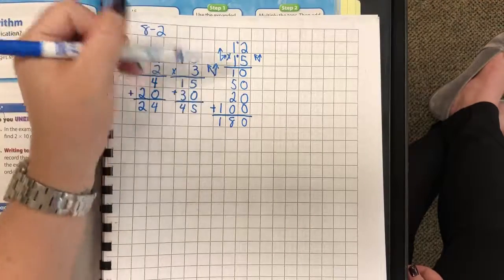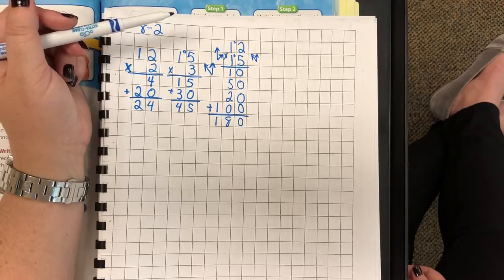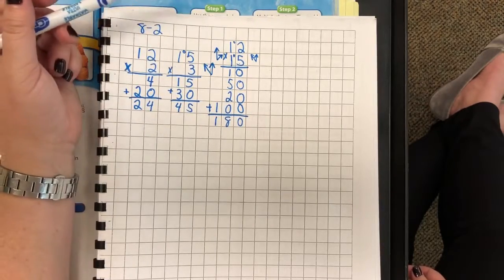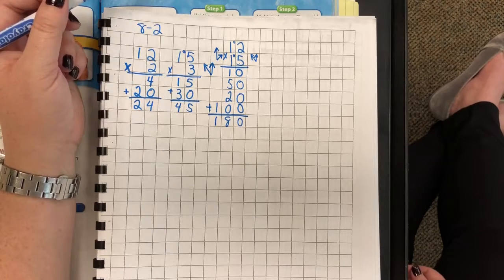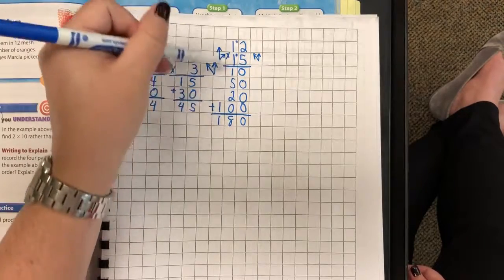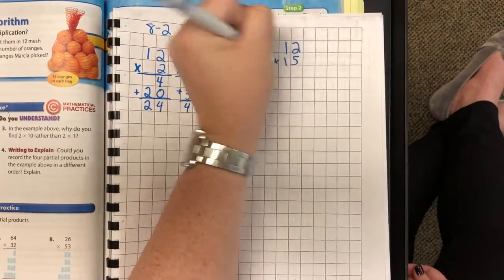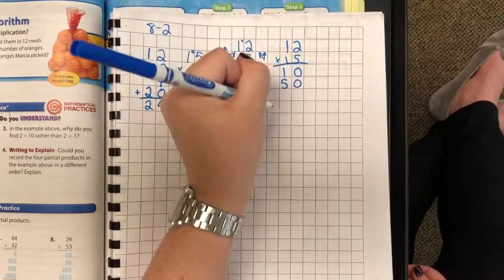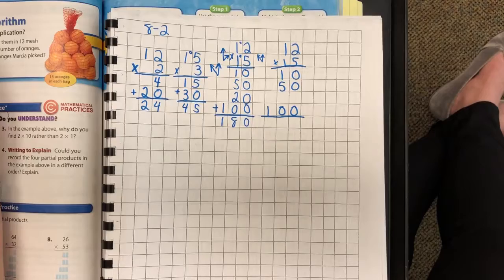Now, doing it this way, this is the only day we're going to be doing it like this. But you need to know how to do it like this, because guess what? You might get a problem on your math test that looks just like this. And here's how it would look. It would be like this, 12 times 15. And then it might show you this. What 2 numbers are missing from this problem?